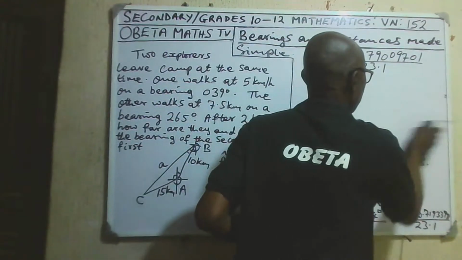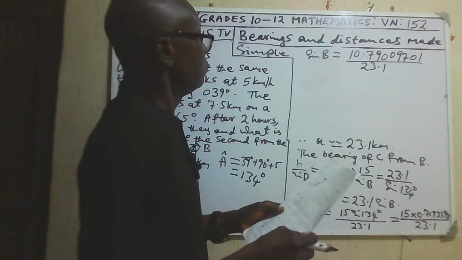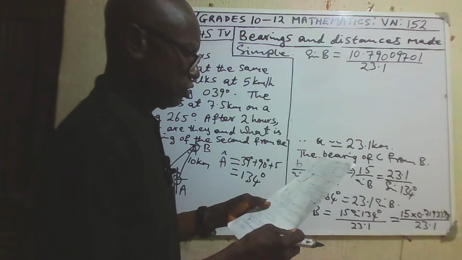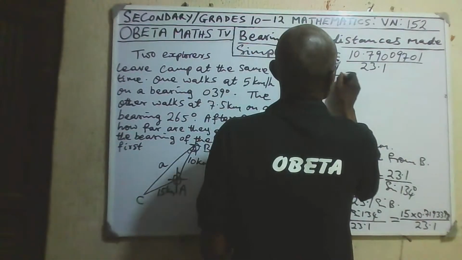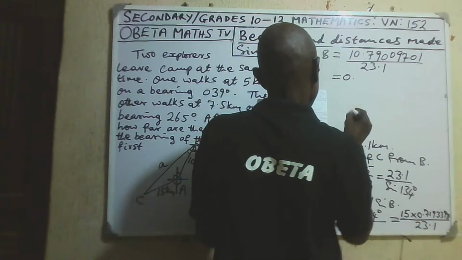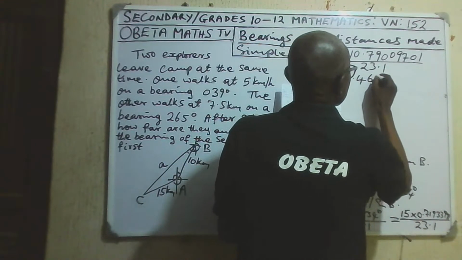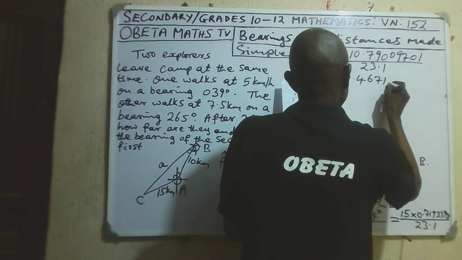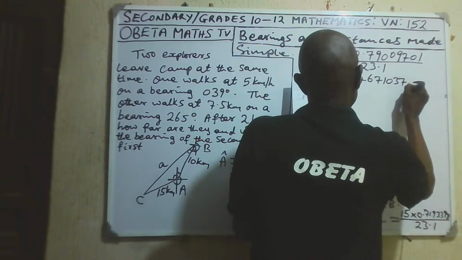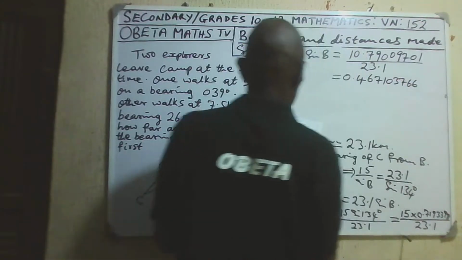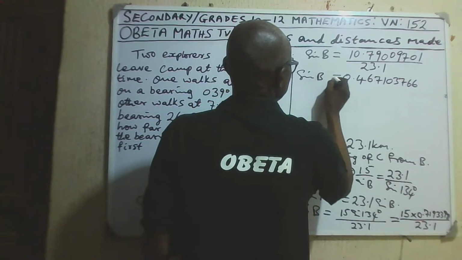So we continue, and if you carry out the division, that will give us 0.467133766. So sine B is this.